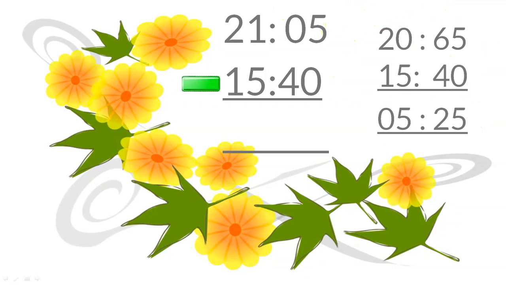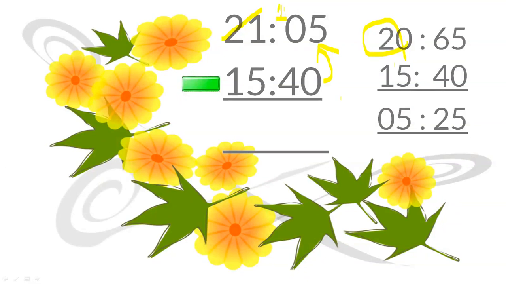We know the strategy. It's 5, not possible to subtract 40 from there. So what do we have to do? Take one borrow from there. It's 21. Now this will be 20. When I am taking one borrow from here, it converted into 20.